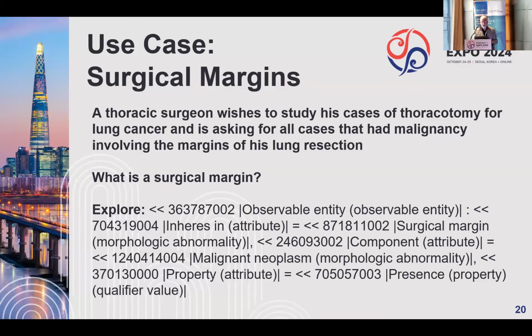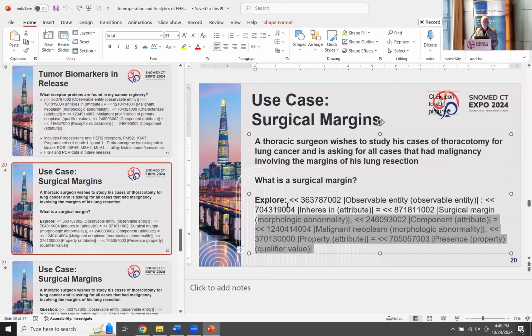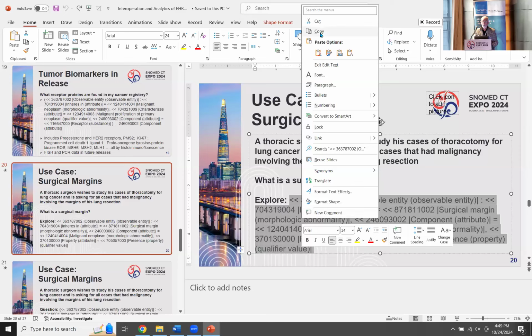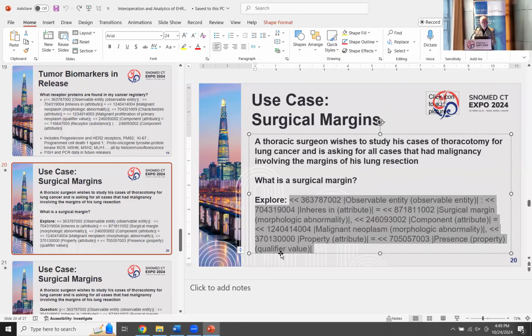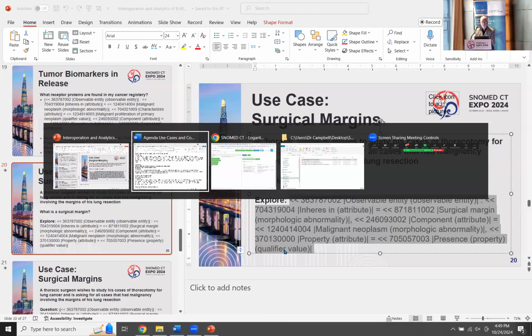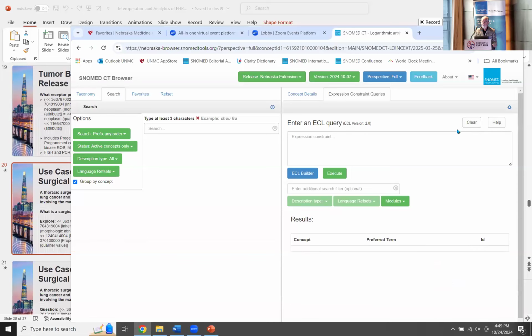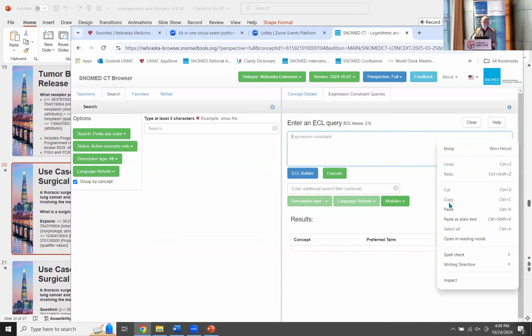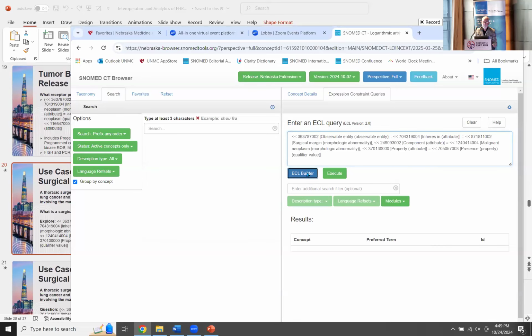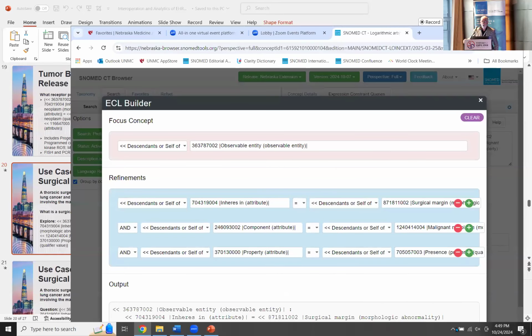And if we go ahead and explore this particular query, here's another example of the use of adheres in, where we're basically looking not at the malignant neoplasm, but at the margin.